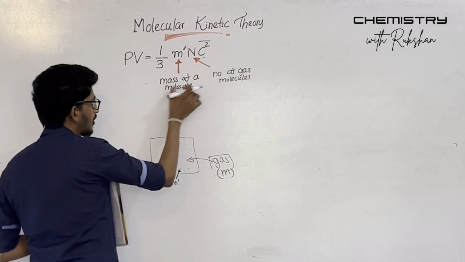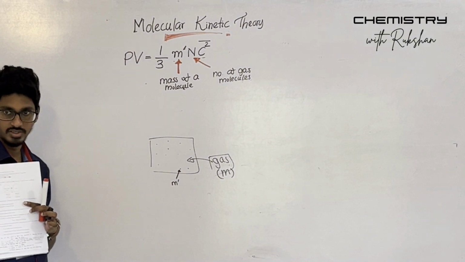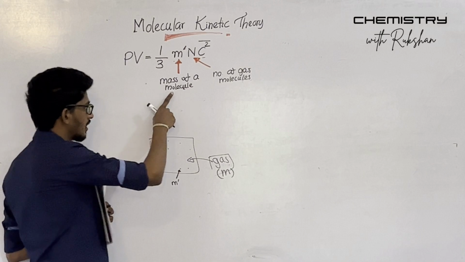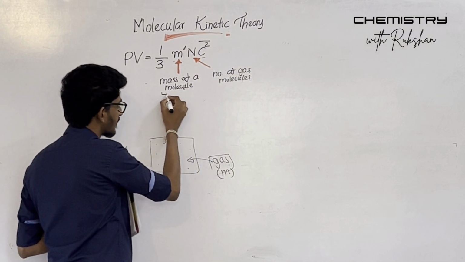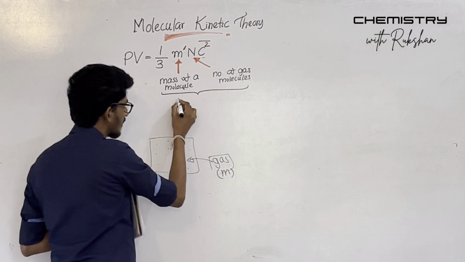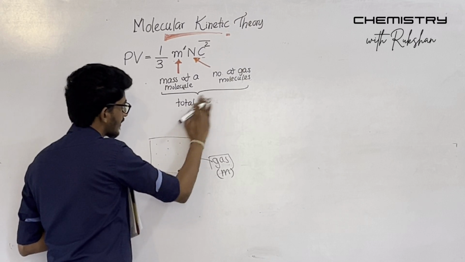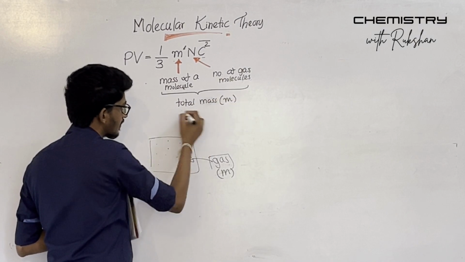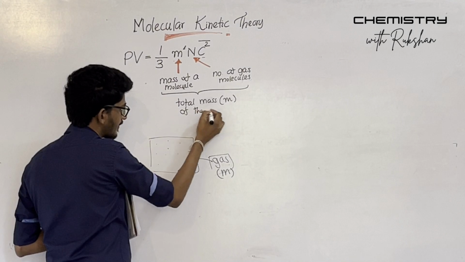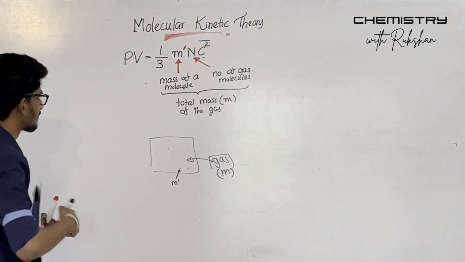Actually, the mass of a molecule multiplied by the number of gas molecules will give you the total mass of the whole system, which can be denoted as the m of the gas, right?